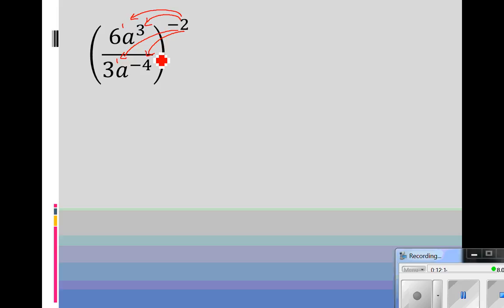I'm going to go ahead, and that is going to be 6 to the negative second power, a to the negative 6th power, I'm skipping some steps now, over 3 to the negative 2nd power, a to the positive 8th power. Make sure that you understand how we got those. I just skipped the step of writing out the multiplication.